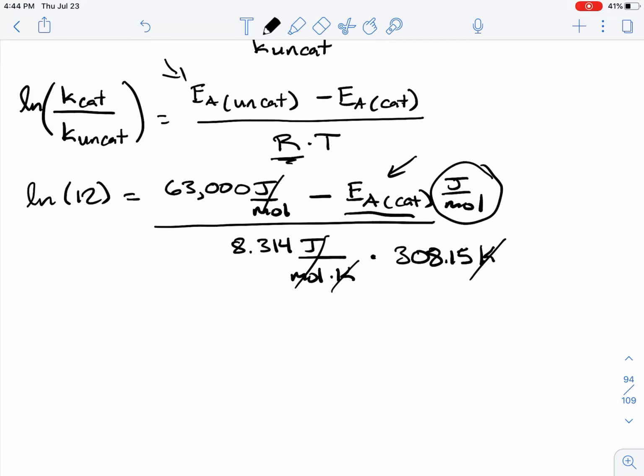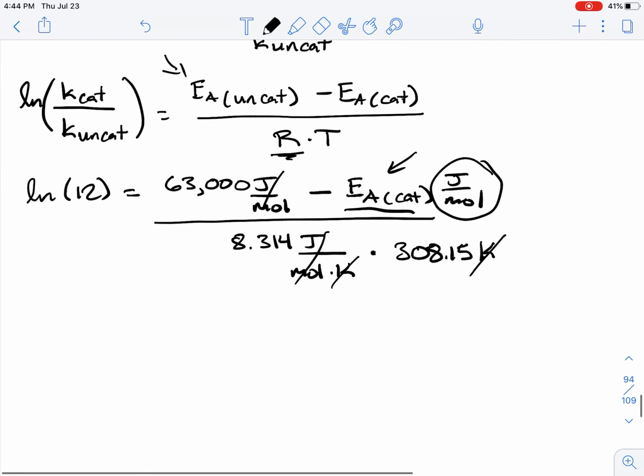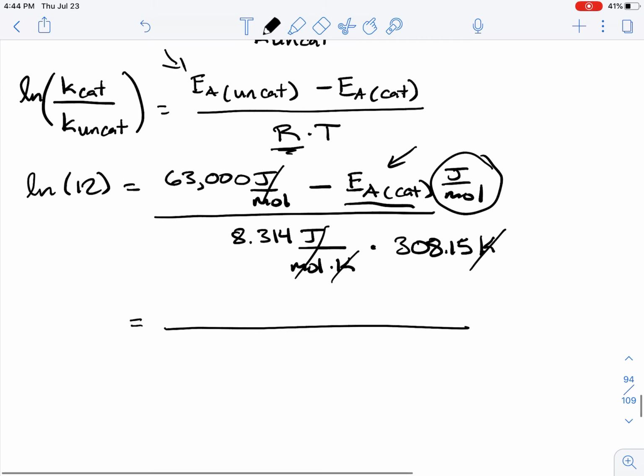All right, so I'm going to go ahead and start plugging some things in the calculator. So I'm going to take this 308.15, I'm going to multiply it by 8.314. And so that's going to give me 2.562 times 10 to the positive 3.